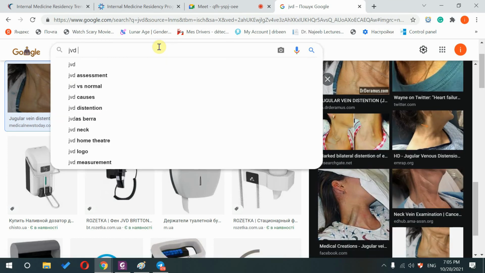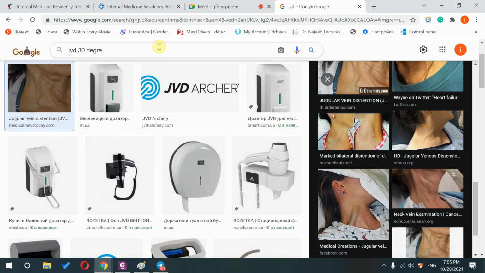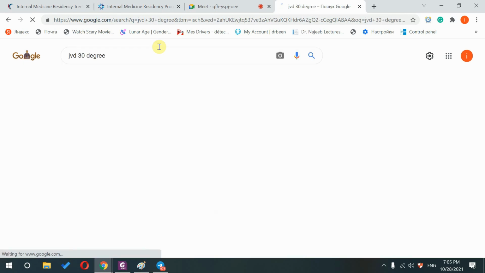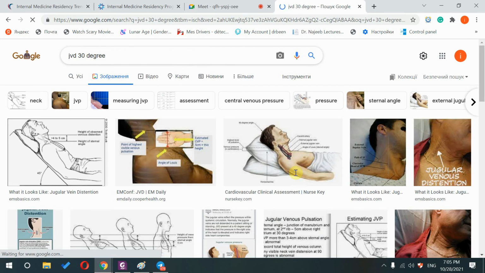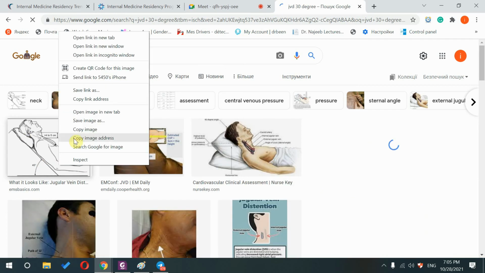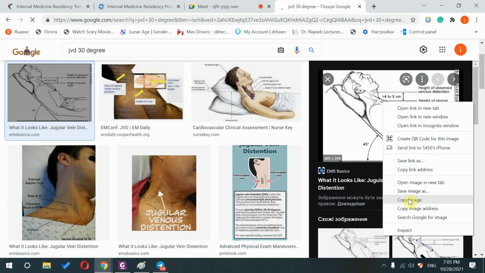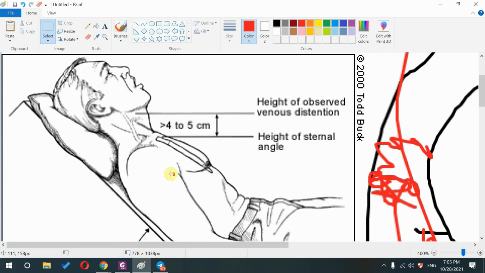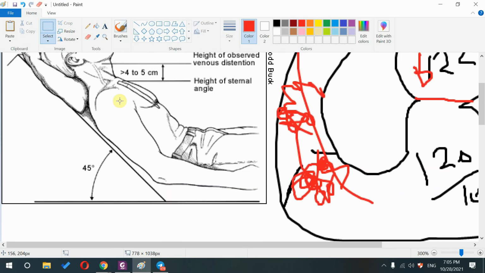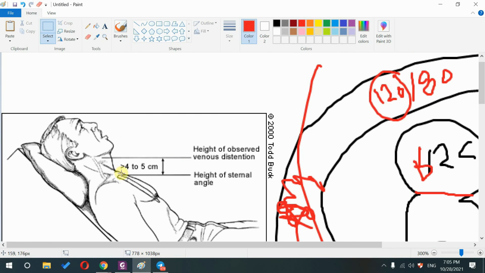So the trick goes something like this. You bring the patient, you raise his bed by 45 degrees. After you raise the bed by 45 degrees, you look at his sternum.